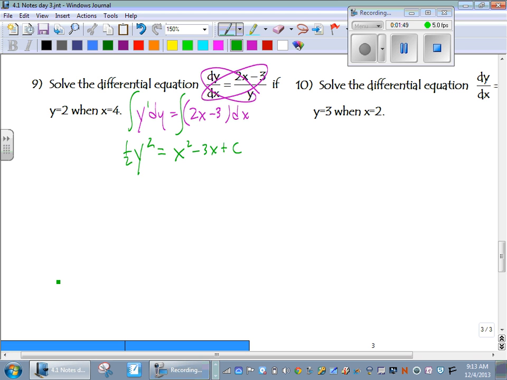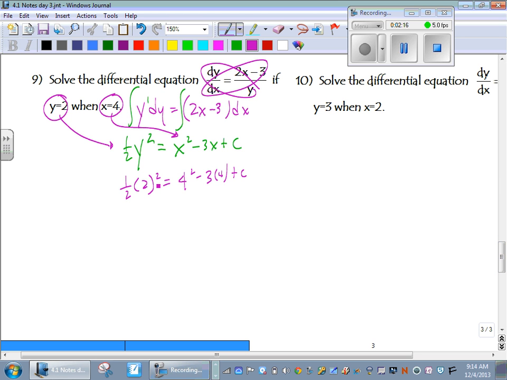So just like before, next step after we do that antiderivative, we want to figure out what's c. So we're given y equals 2 when x equals 4. And I don't want to plug that in for c. I'm going to plug that in for our x's. So 1/2 times 2 squared equals 4 squared minus 3 times 4 plus c.